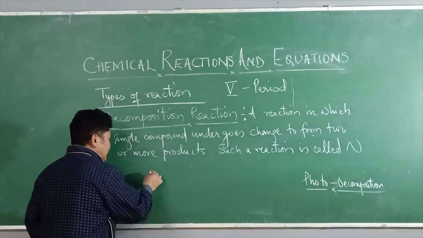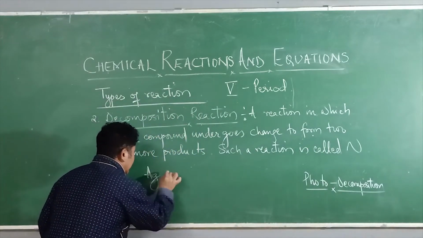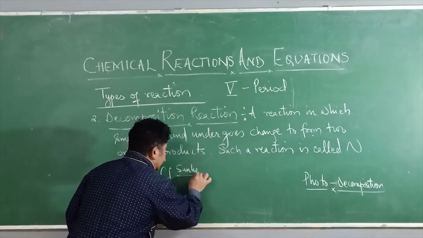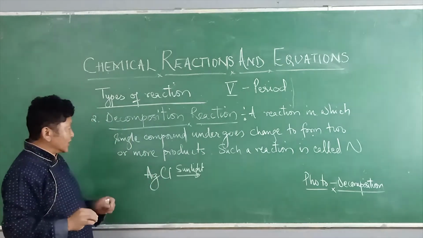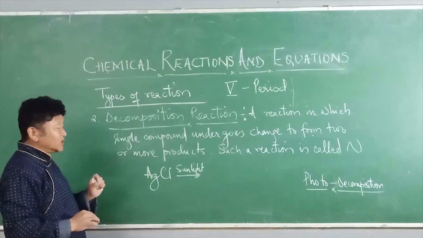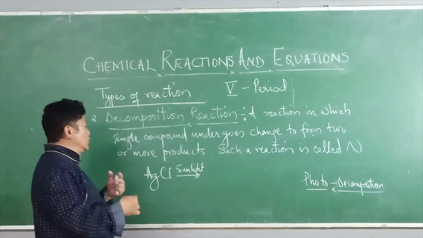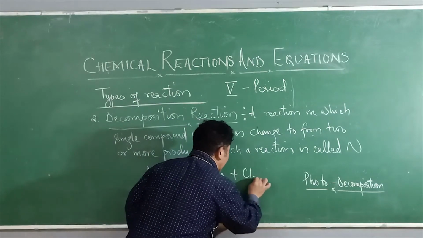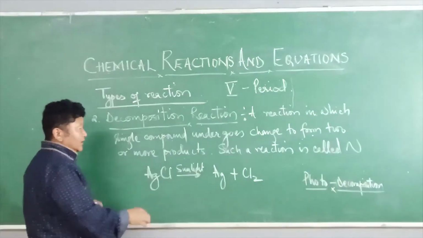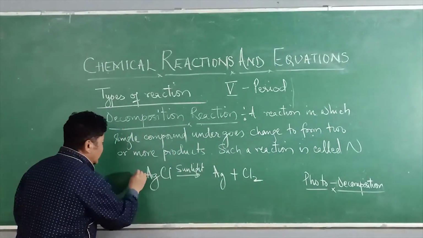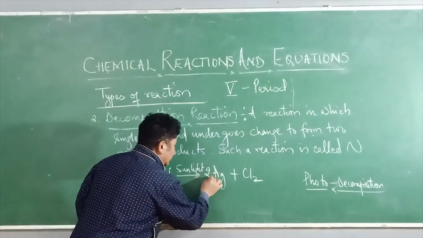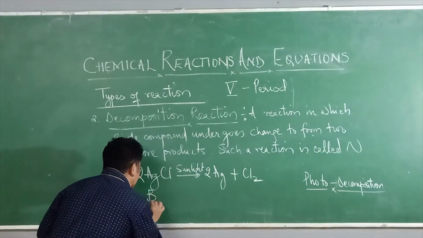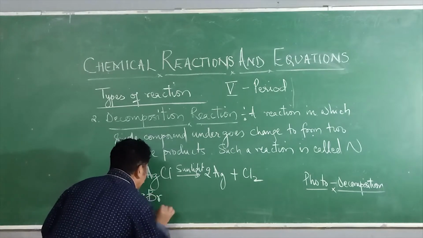A reaction where, say, silver chloride, AgCl, when exposed to sunlight, this silver chloride, which is a white substance, gets converted into silver, which is a gray substance, and chlorine gas. Here, as we have 2 chlorine over here, balance it like this. It is already balanced. Similarly, silver bromide.